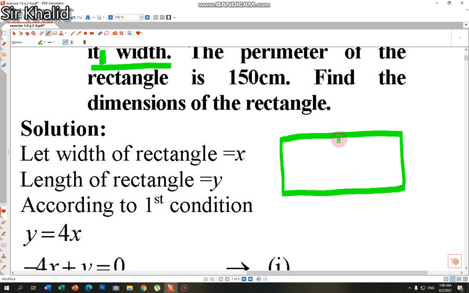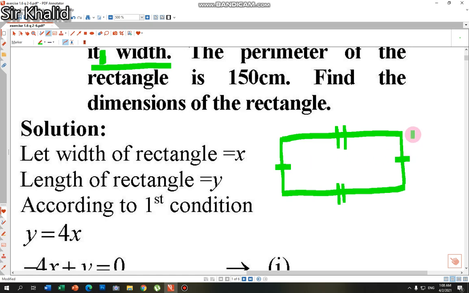Why is this a rectangle? Because a rectangle always has its opposite sides equal. This side will be equal to this side, and this side will be equal to this side. It means that opposite sides are always equal. This is the characteristic of a rectangle.